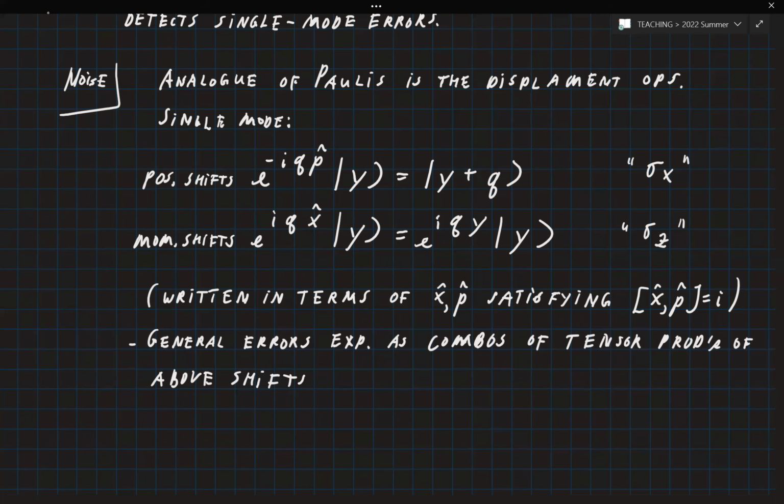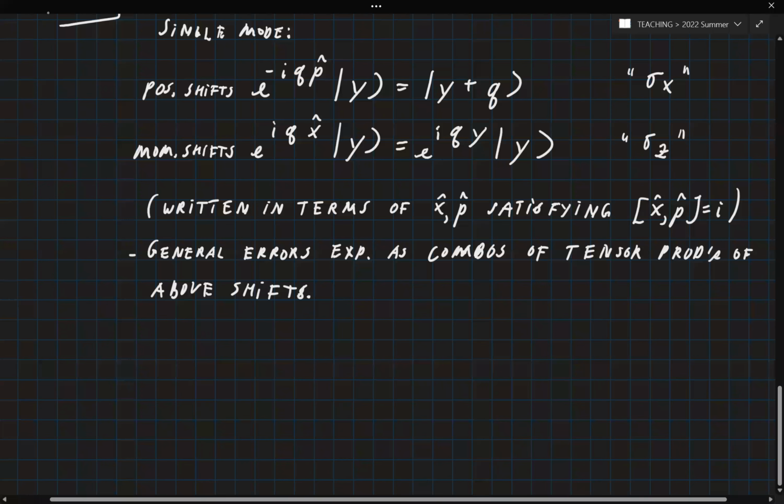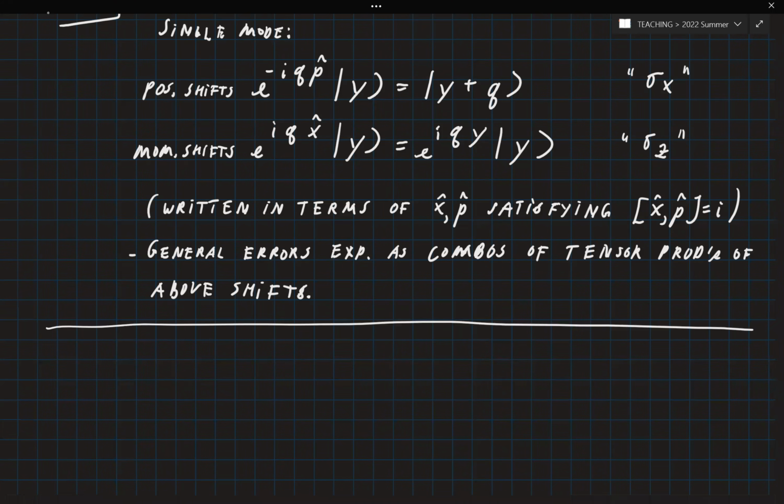So last time we looked at Pauli noise, so bit and phase, and then we looked at superpositions of any of those three plus the identity. A similar picture holds here. If you can show you correct against a position shift, a momentum shift, a product of the two, then a general error you can correct or detect respectively by just expressing it as a superposition of these. And physical noise allows you to do this. Okay, so this concludes the push of oscillator math.